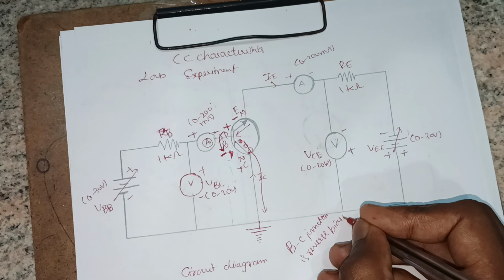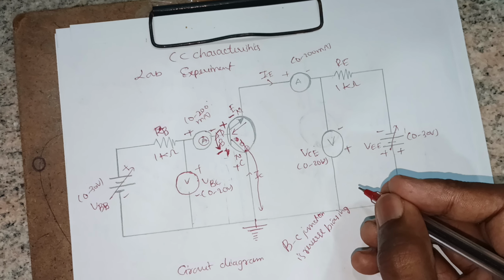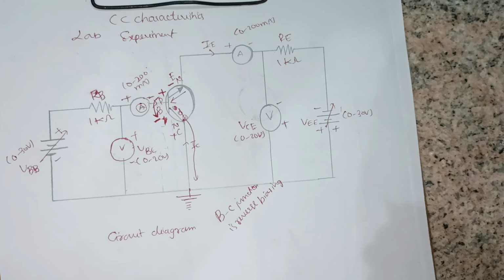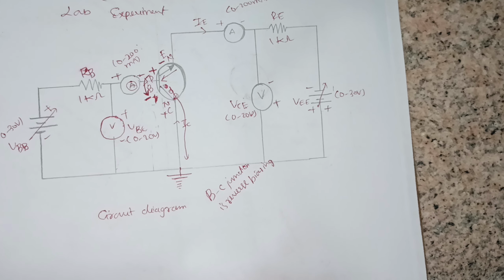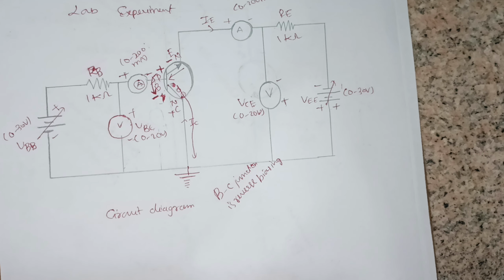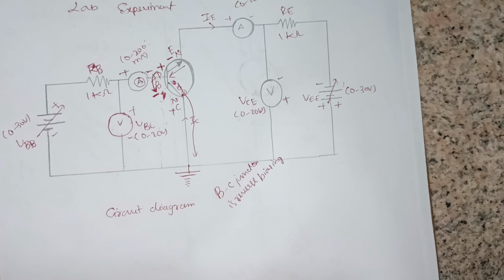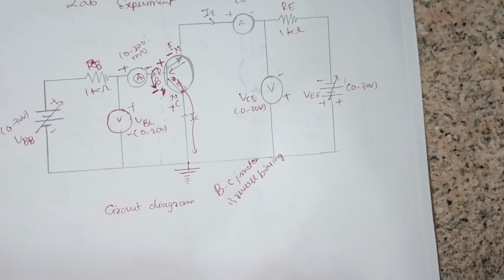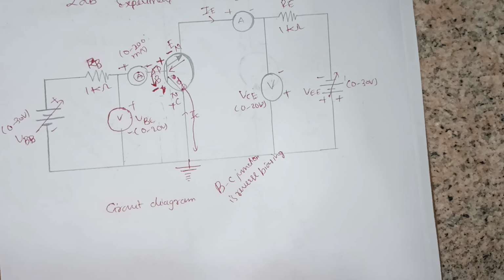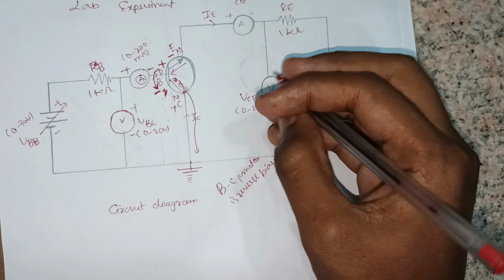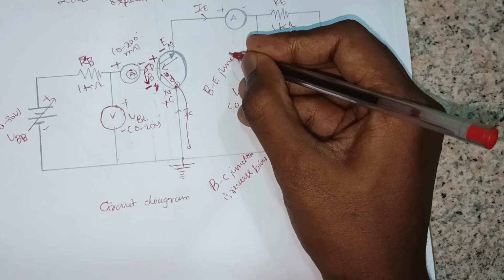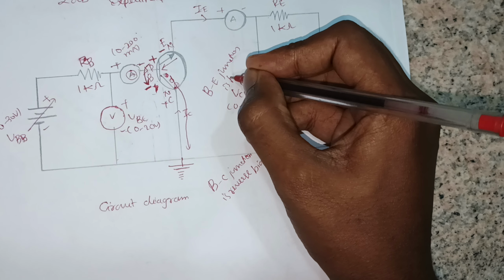Biasing is very important, because biasing states whether it is in the active region, saturation region, or cutoff region. Here also the base emitter junction is forward biased.